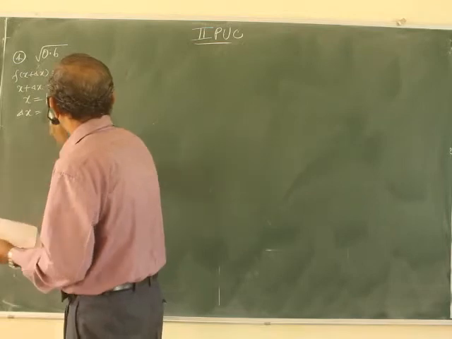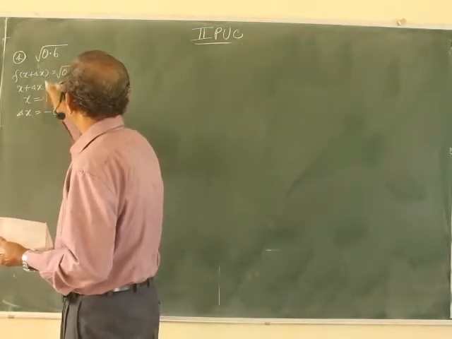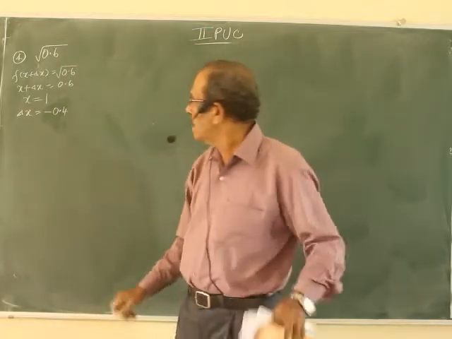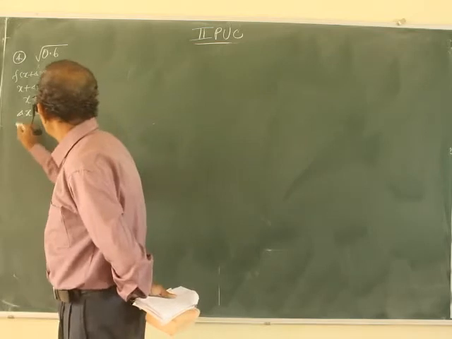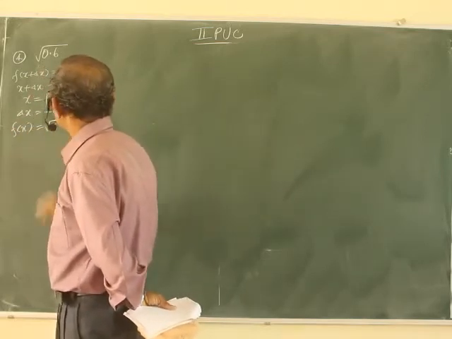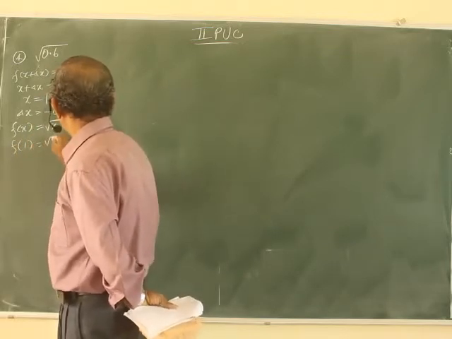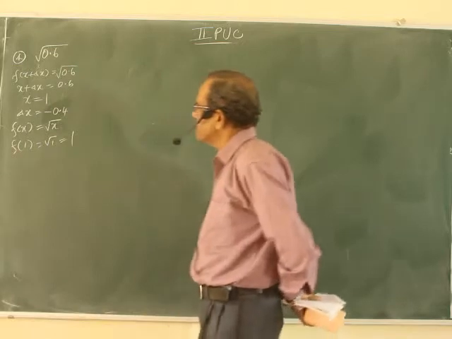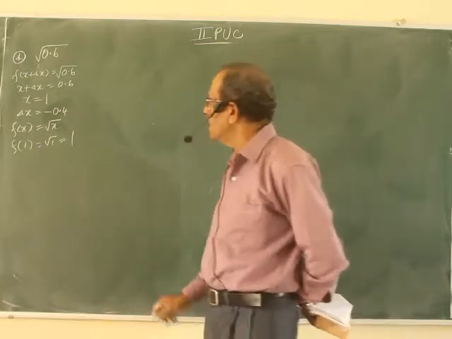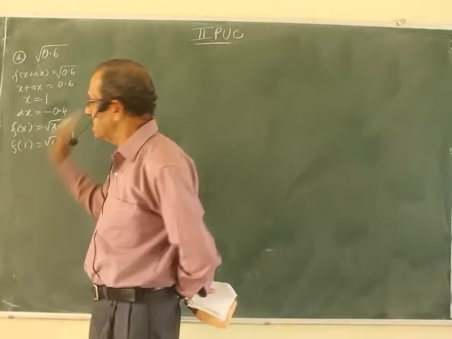Verify whether it is so: 1 plus minus 0.4 means 0.6, correct. f of x equal to root x. f of 1 equal to root 1 equal to 1. Anything else you need? f dash, let us do it later. So x plus delta x, f of x, everything is over.